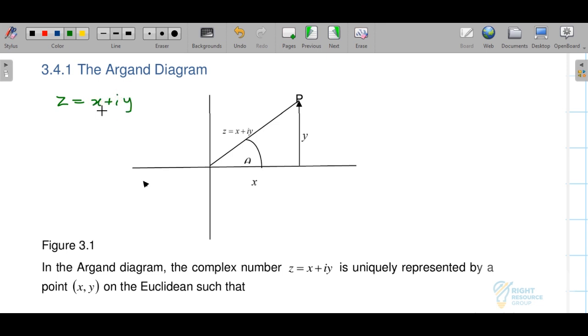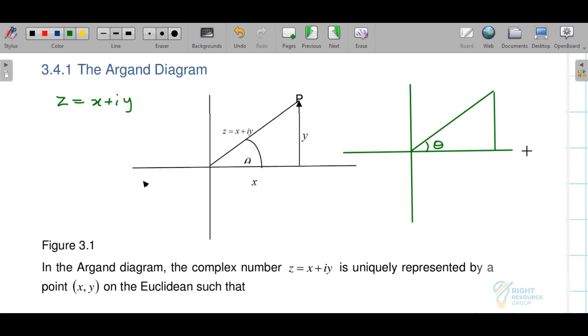When we want to represent this on the Argand diagram, we have something like this. We are going to take this as a right angled triangle, and we have our angle here, which is theta.